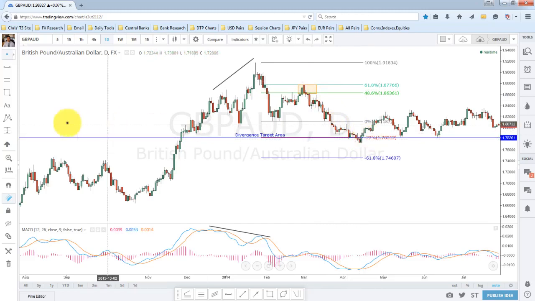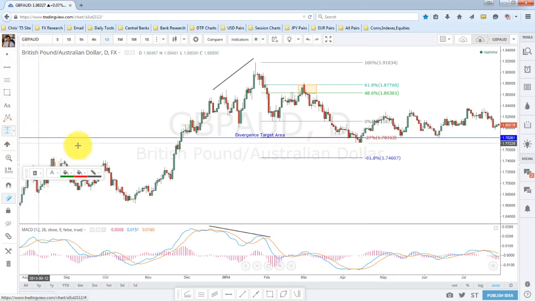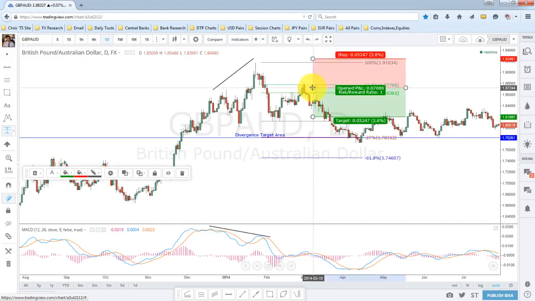Basically, what I'll do is use the short position tool here. Let's just say we had an entry somewhere around, if we had an extension or a divergence in here that qualified, let's just put it right around there, as a guesstimate to give us a round figure.